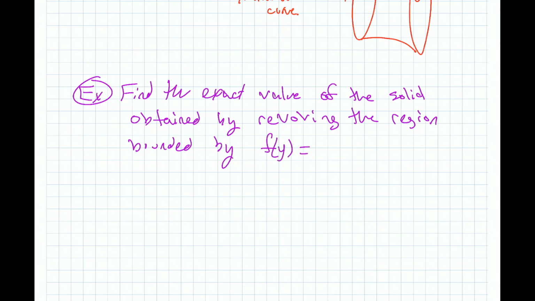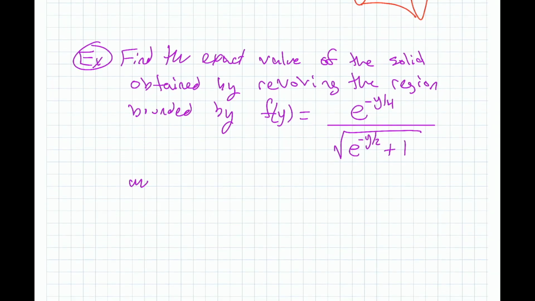They already even couldn't make it as easy as our example. f of y equals e to the negative y over 4 over the square root of, that was a square root, dummy, square root of e to the negative y over 2 plus 1, and by y greater than or equal to ln 4, around the y-axis.